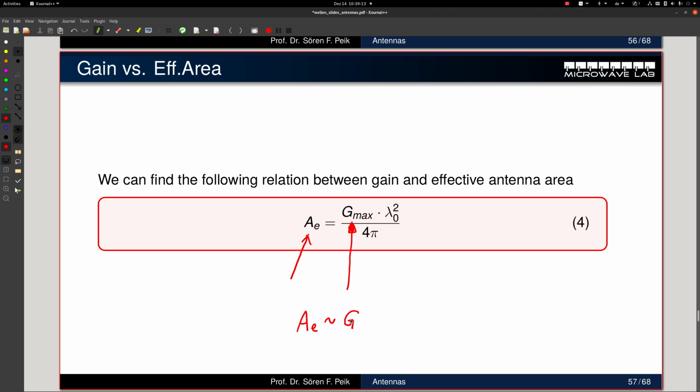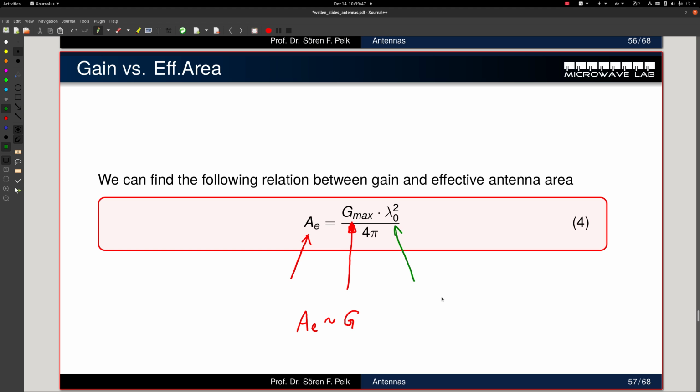High gain antennas in the transmit case are also high area antennas in the receive case. And one twist comes to it: it's related by the frequency through this factor lambda naught squared. So when the lambda becomes small, the effective area also becomes small. So the higher the frequency, the smaller the effective area, which is not a big issue because at higher frequencies we need only smaller areas to get the same gain, as we'll see when we do some calculations.